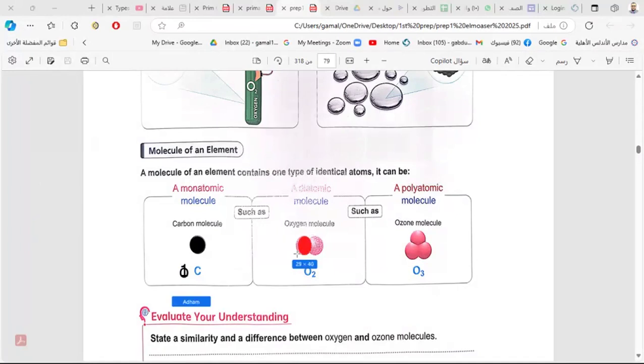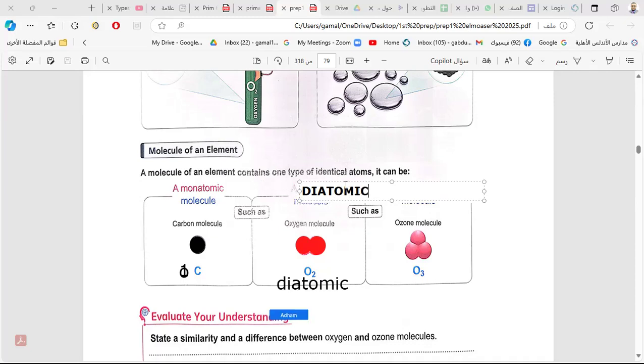Okay. I have now O2. What is meant by O2? Two atomic. It's diatomic. Very good. It is a diatomic molecule.